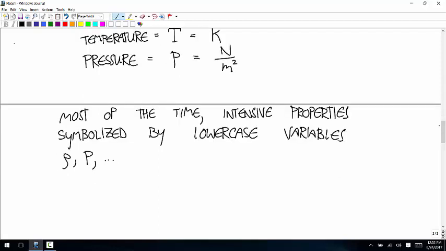Notice the temperature is the one that doesn't quite fit with that. Well, that should be lowercase.